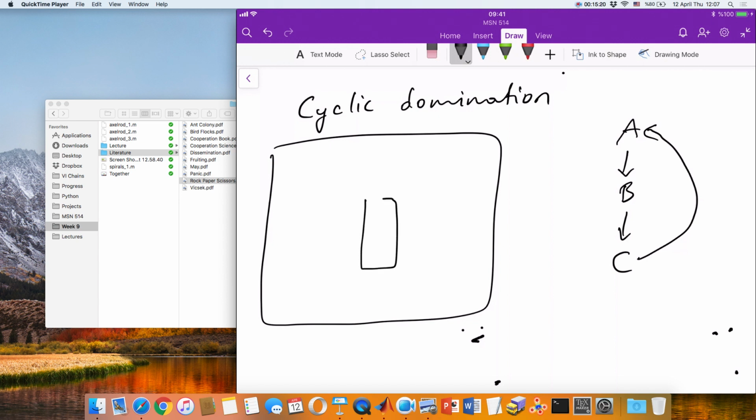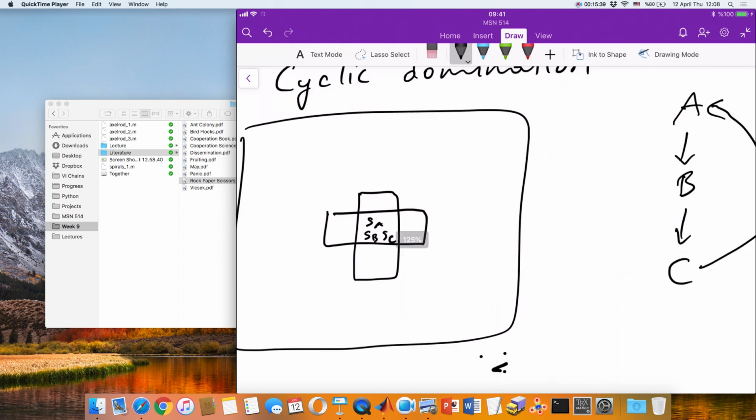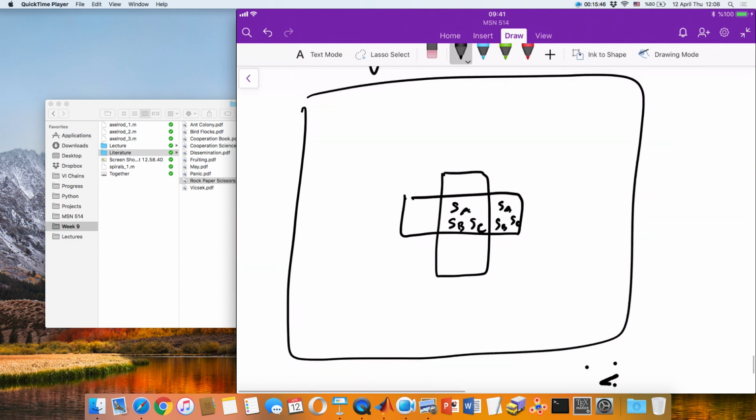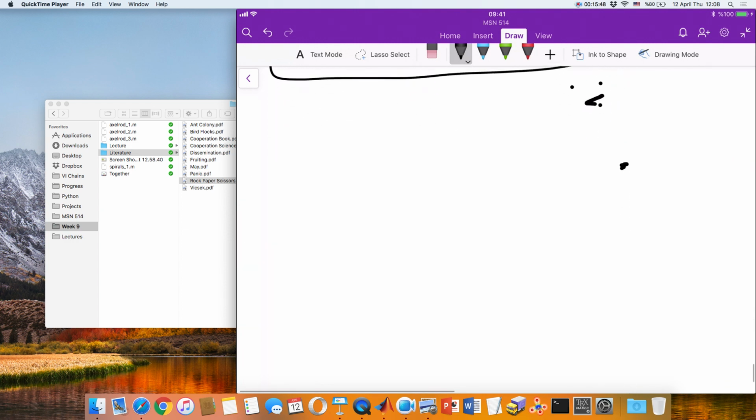Let's say a certain region has some SA, these are the number or density of 3 organisms, and this is in the middle cell, and the other cells also have some other SA, SB, SC. Okay, so what we will have is the following. Sorry about this. So we will have this equation.